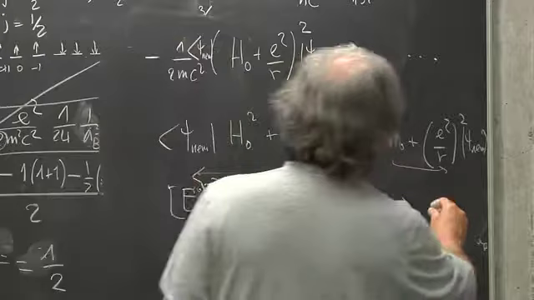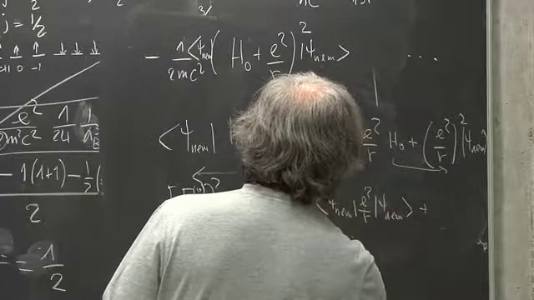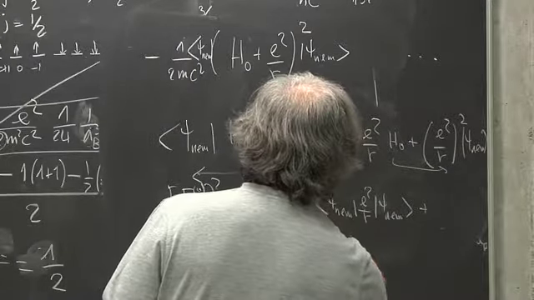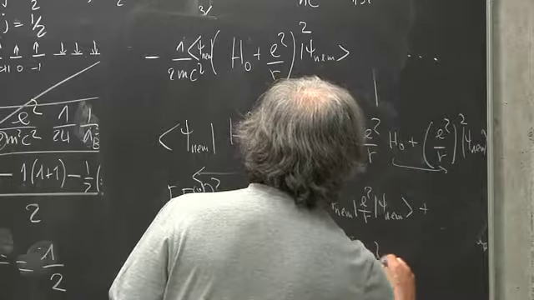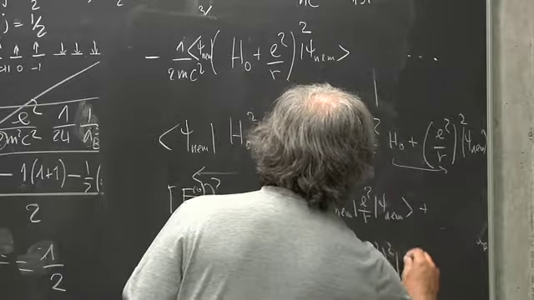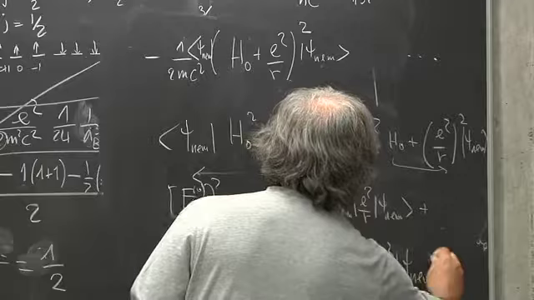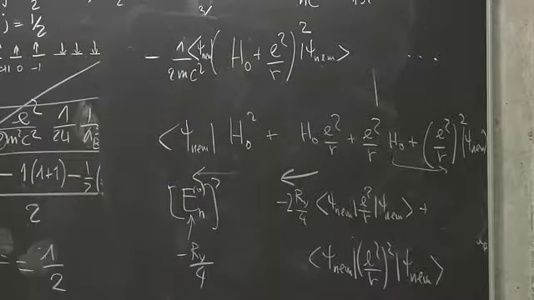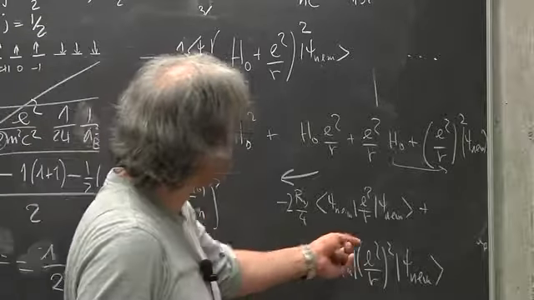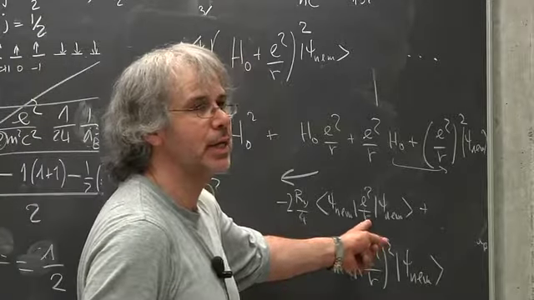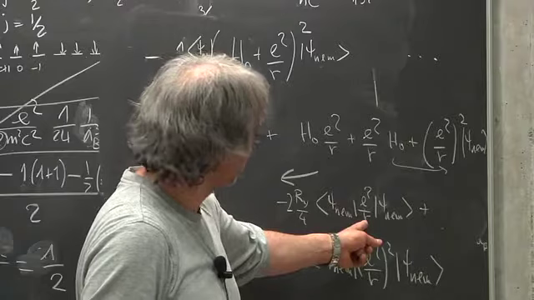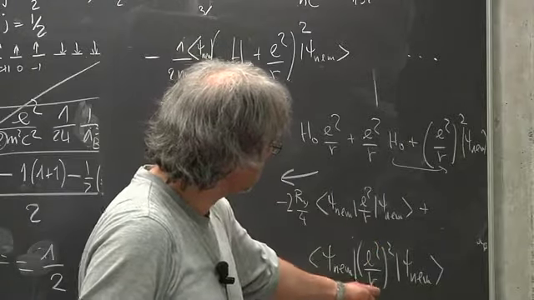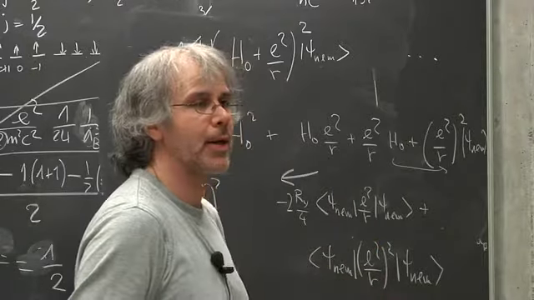And finally, I have also to consider a matrix element of e squared over r squared. Okay? So in order to calculate the effect, I would need to do a little bit of algebra, and in particular to have also these two integrals. The matrix element of 1 over r, and the matrix element of 1 over r squared.